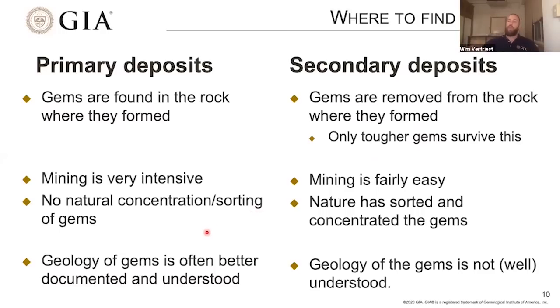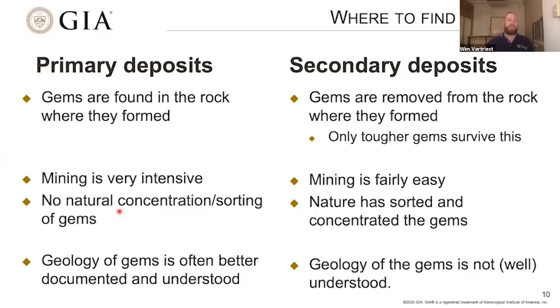So just to make a quick comparison, we've got primary deposits and secondary deposits. A primary deposit is where gems are found in the rock where they were formed. A secondary deposit is where gems were removed from the rock where they formed, and usually only tougher gems will survive this. If you want to mine a primary deposit, it is very energy intensive, very hard, while mining is fairly easy in most secondary deposits, especially when you compare it to a primary deposit, because no mining is easy.